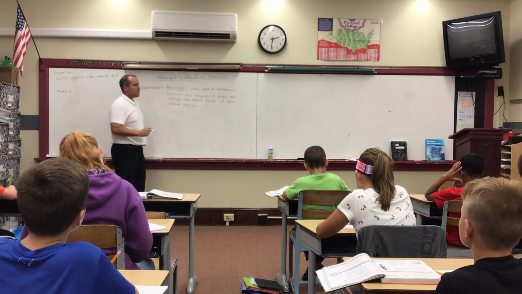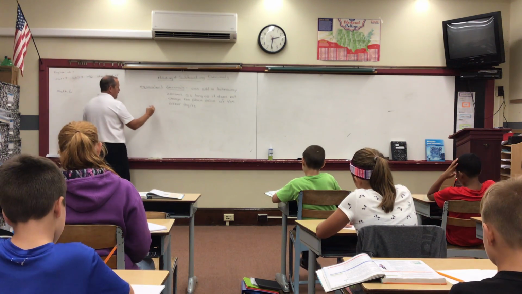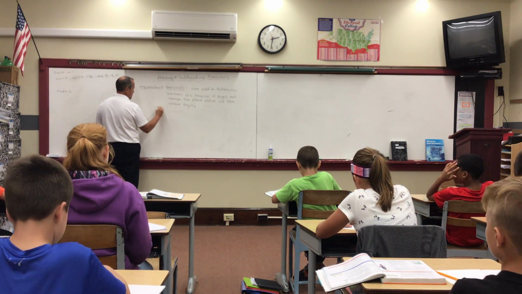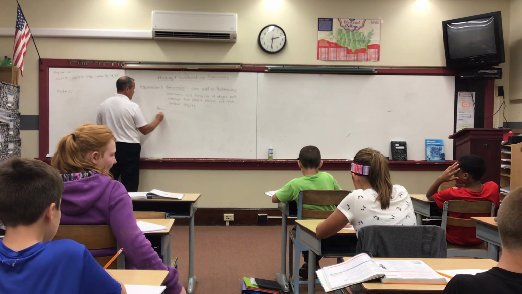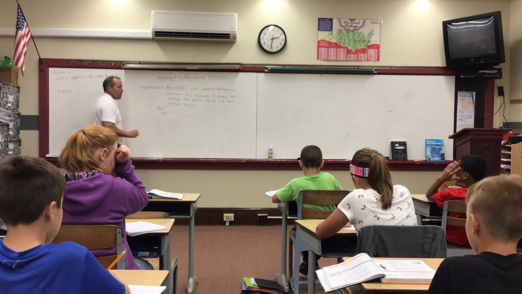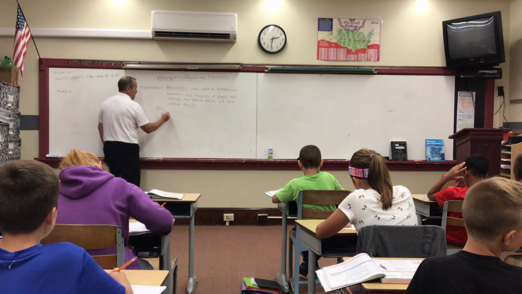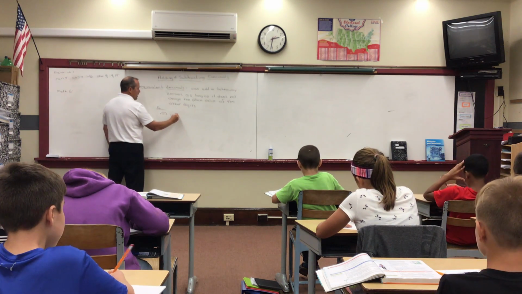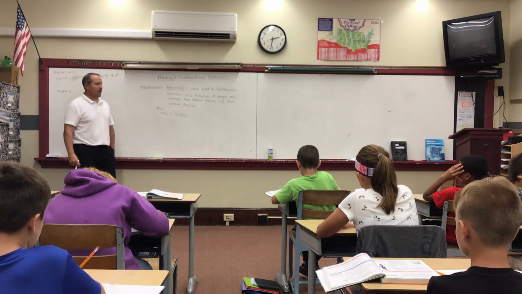For example, if we have this, $300, we can put a 0 in front of the decimal, and it still does not change the place value of the 3.